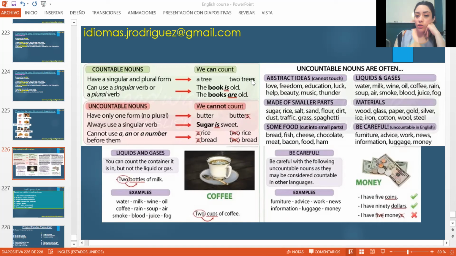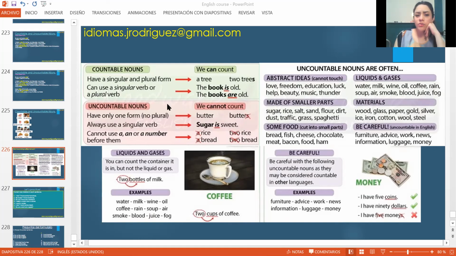Un árbol, dos árboles. And we can use a singular verb or a plural verb. Podemos usar un verbo en singular o un verbo en plural. The book is old. El libro es viejo. Los libros son viejos. Un verbo en singular, un verbo en plural.